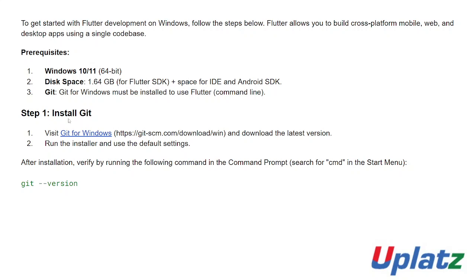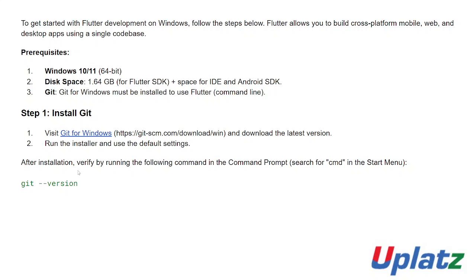Step 1. Install Git. Visit Git for Windows, that is https://git-scm.com/download/win and download the latest version. Run the installer and use the default settings.